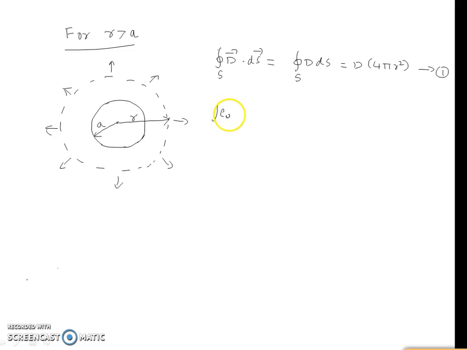The charge enclosed within this volume is given by, so this is the volume charge density, and the volume element is given by r square sin theta dr d theta and d phi.